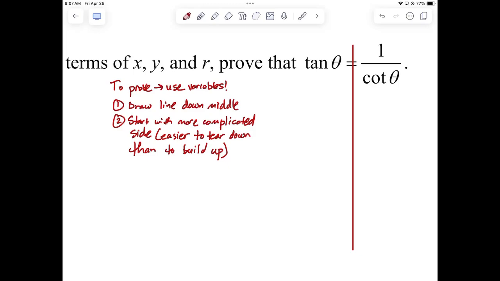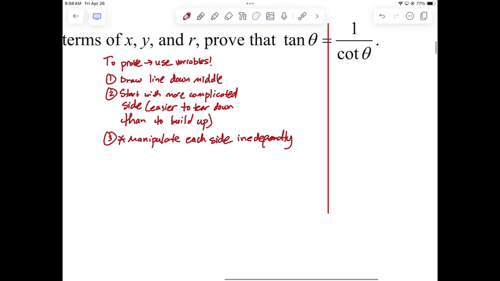Okay? Now, here's the idea behind it. You're going to manipulate each side independently until they match.